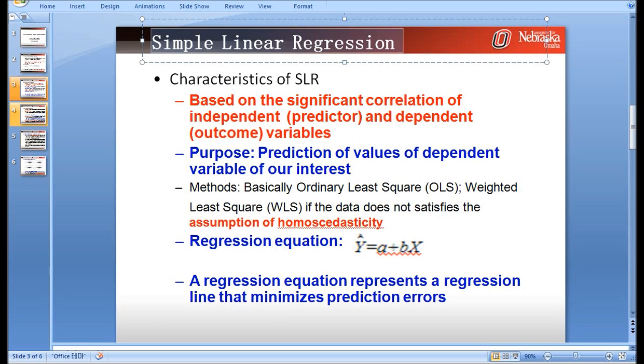A simple linear regression involves a single independent or predictor variable and a single dependent or outcome variable. It's basically based on the significant correlation of the independent and dependent variables.